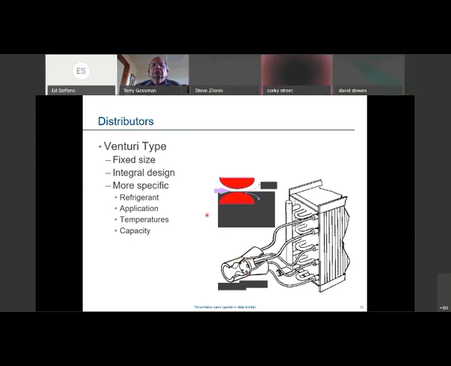But the information you would need for sizing and selecting this distributor would be what type of refrigerant you're working with, the application, is it a freezer, is it a cooler, what are the temperatures you're working with, and also the capacity. And then we'll be able to size and select the distributor. Now remember, I've seen this done before, where we've had to change out the distributor.